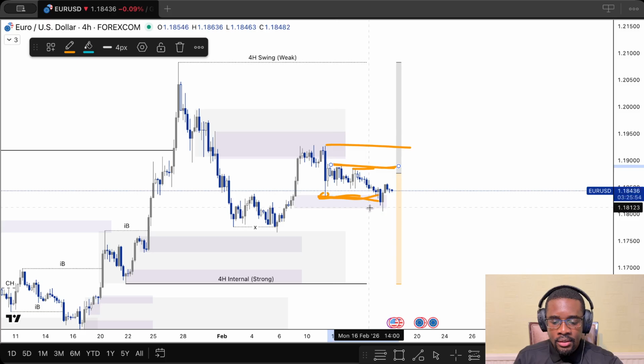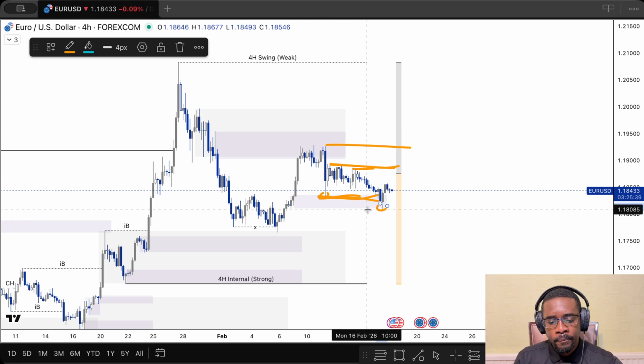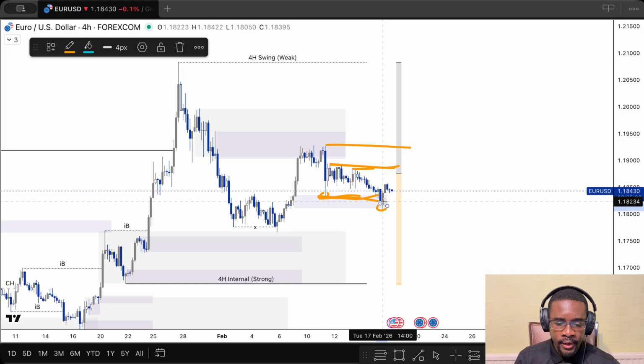Now, I don't think we got a very good POI to start with to be able to look for those longs. So still waiting for a bit more information, and then we'll see if I can jump in on longs.